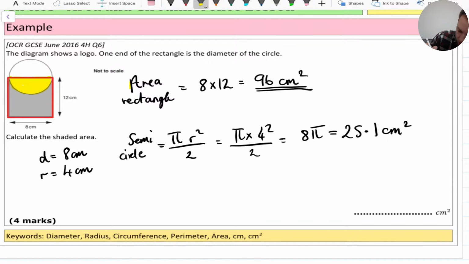So the last little part, this part here is the area of the rectangle. This part here is the area of that semicircle.